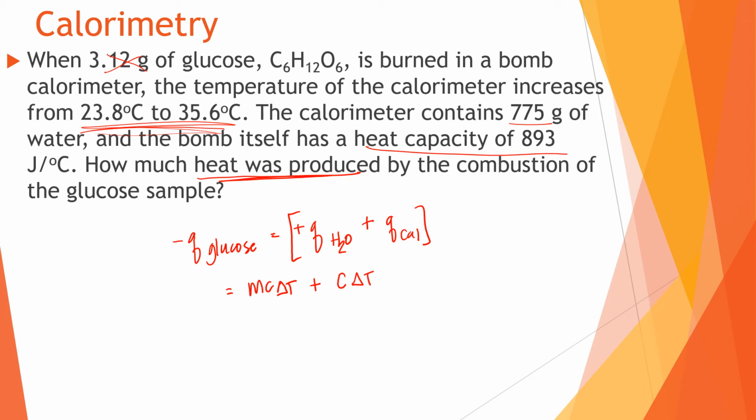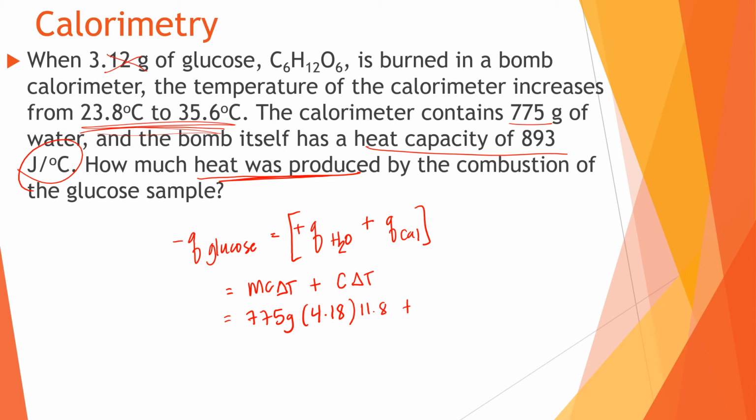Remember, heat capacity is in joules per degree Celsius, so we don't have to worry about mass there. The mass of water is 775 grams. Specific heat of water is 4.18. And the temperature went from 23.8 to 35.6, which is 11.8.